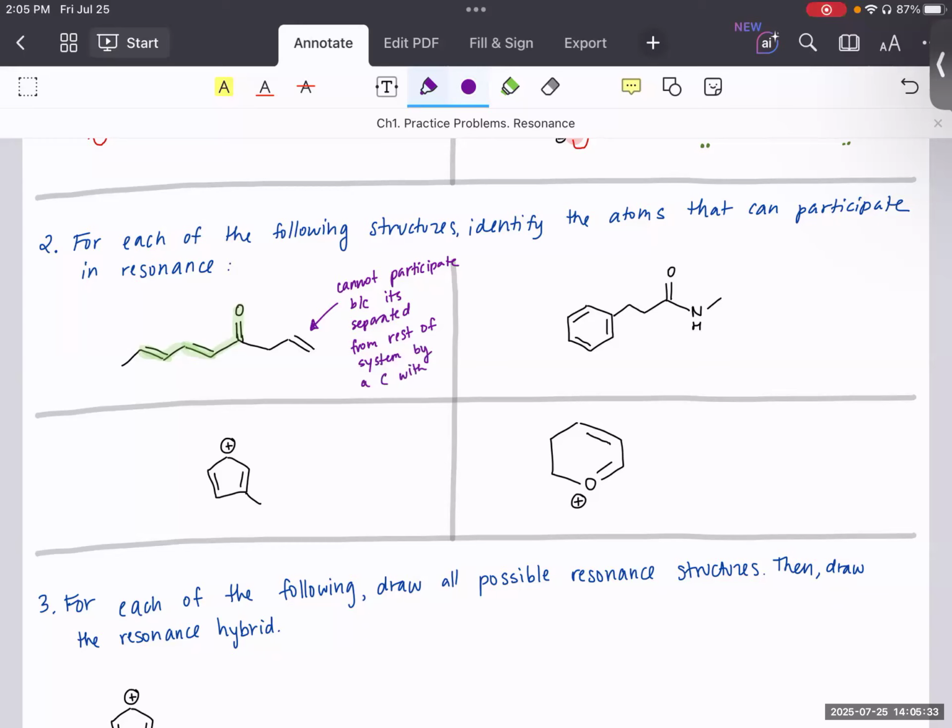Instead of saying sp3, I'm going to say a carbon with 4 sigma bonds, because this carbon right here has 4 sigma bonds. So there's no way that this carbon can ever participate in any sort of resonance. So this double bond is not going to be part of that green system.